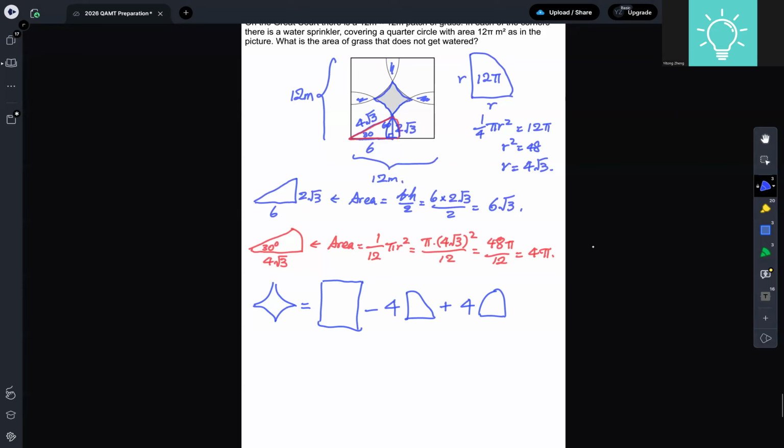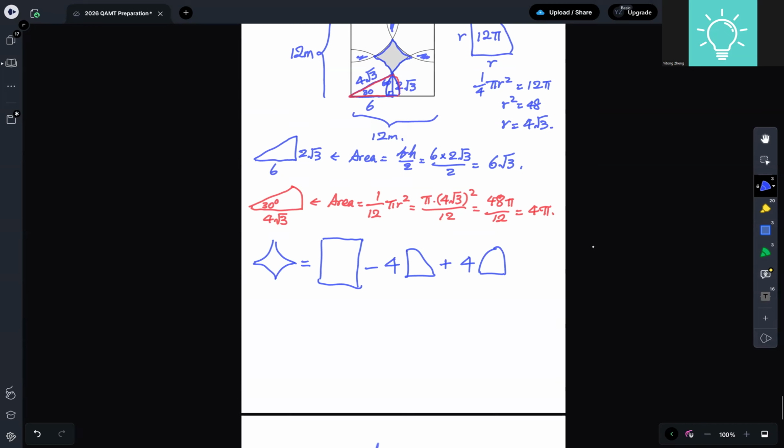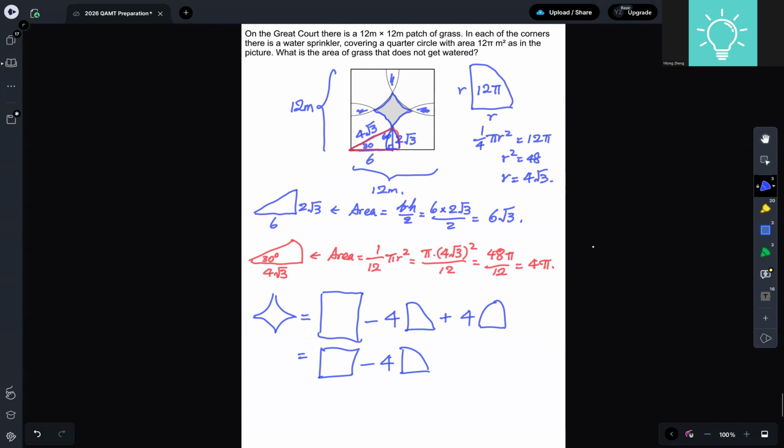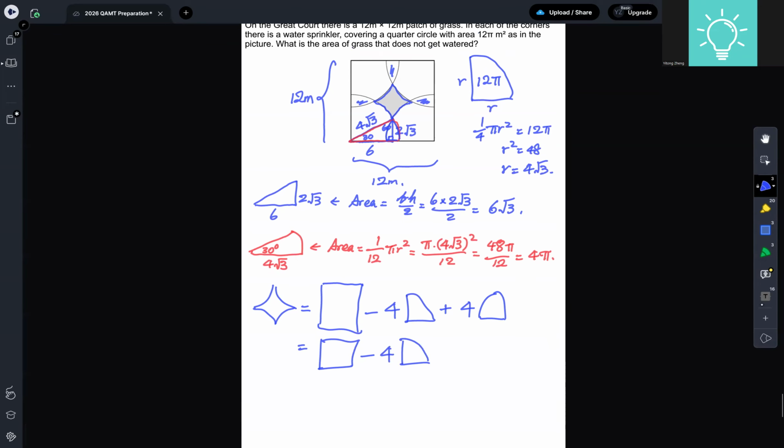Okay. So I do that. And now I can write this as the square minus 4 times that. But what is 4 times that? I can say 8 times that part.